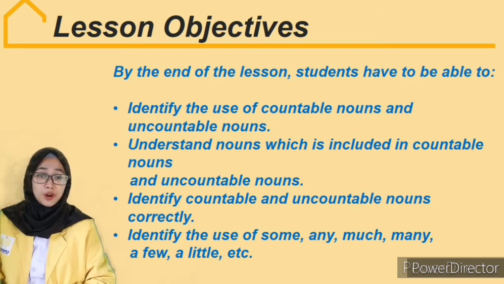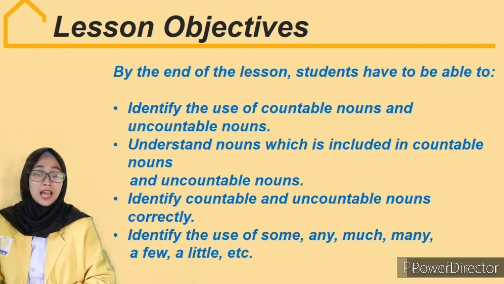And then the second one, students have to be able to understand nouns which are included in countable nouns or uncountable nouns. And then the third one, students have to be able to identify countable noun and uncountable noun correctly. And then the last one, students have to be able to identify the use of some, any, much, many, a few, a little, and also a lot of.